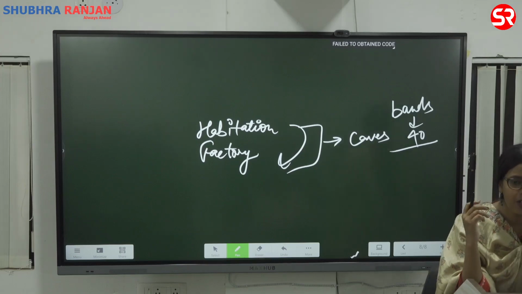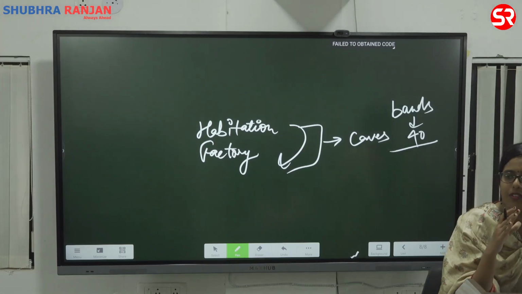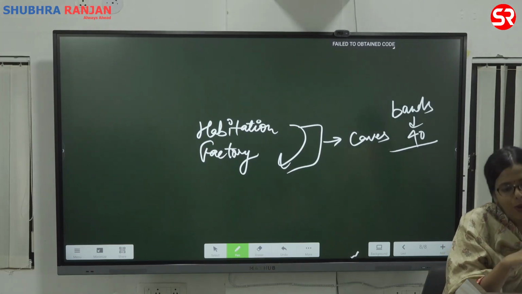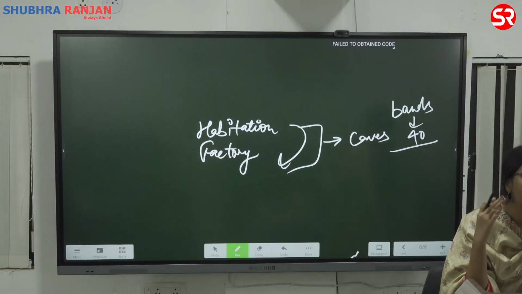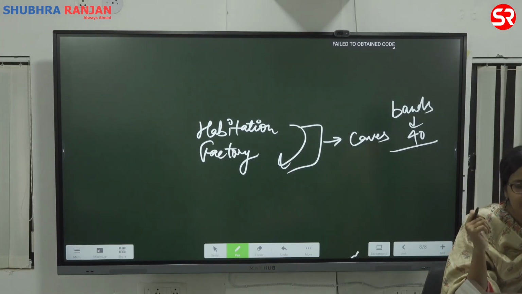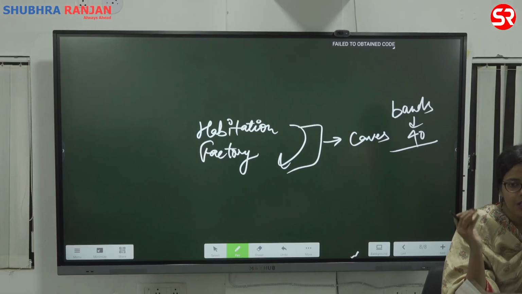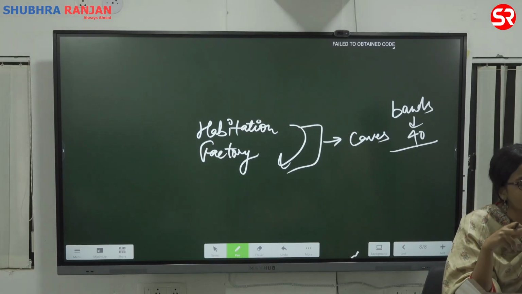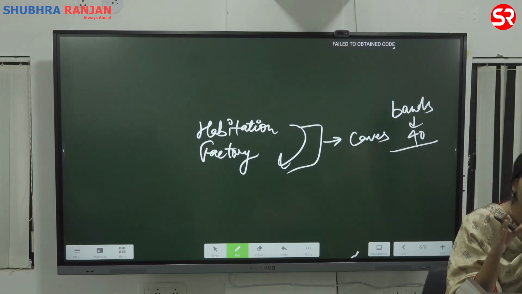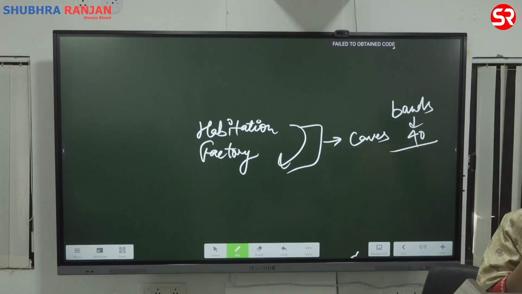Why maximum 40? Because there is lack of resources. Why then 40? So that you can protect yourself. It is a harsh environment. So for protection they live in groups. But the number in those groups is going to be limited because the resource is limited. So that is why they are living in a band of maximum 40 people.